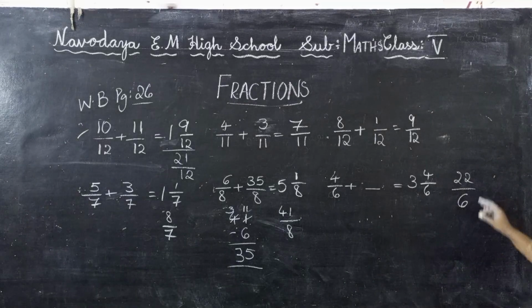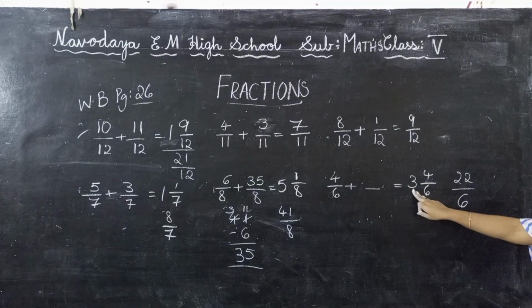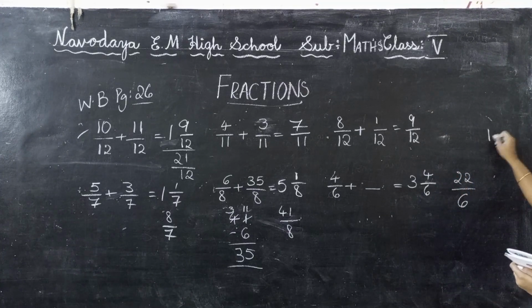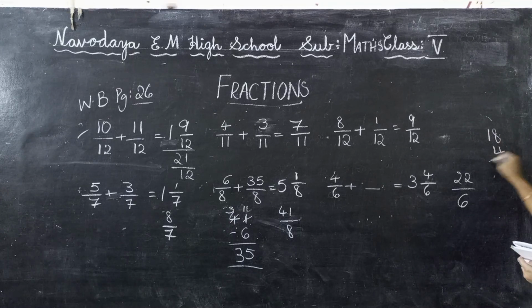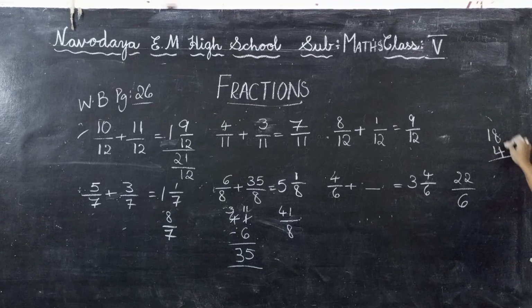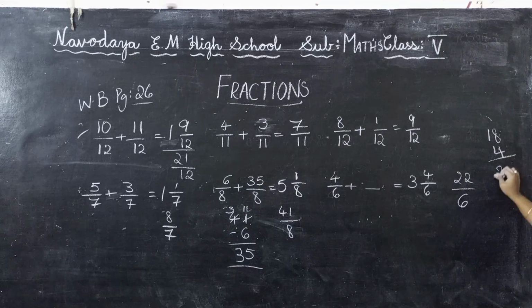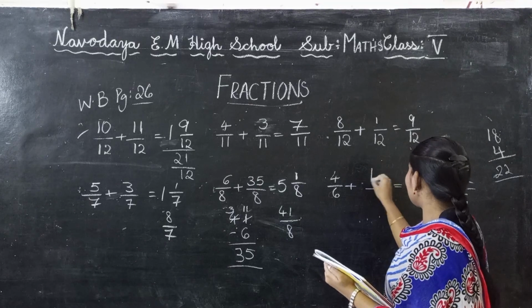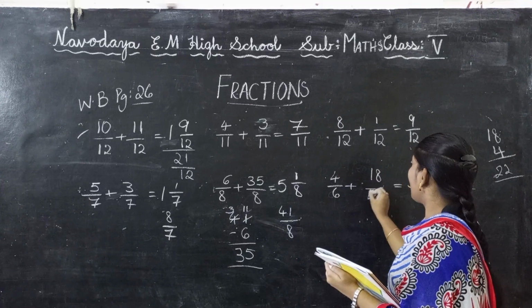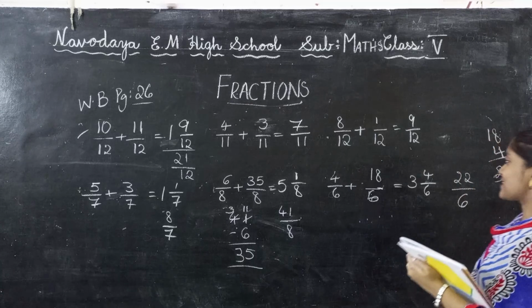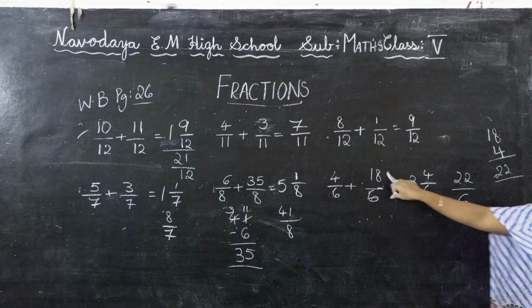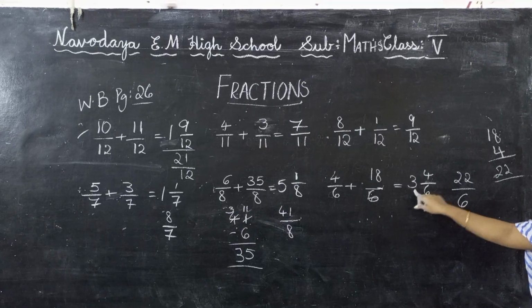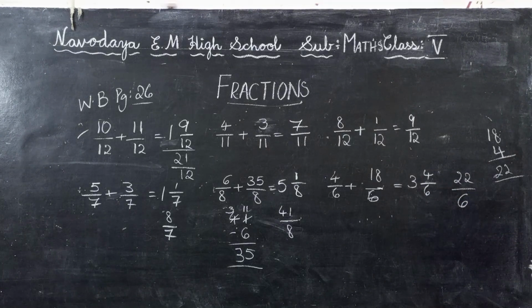See, 22 upon 6. Here 6 3s are 18. 18 plus 4, it's 22.